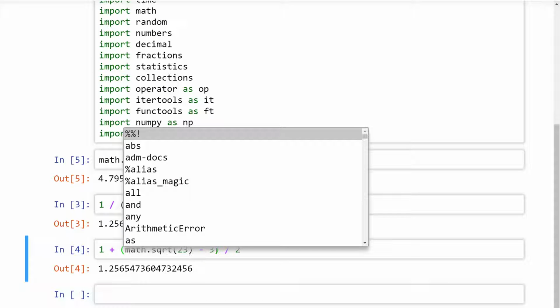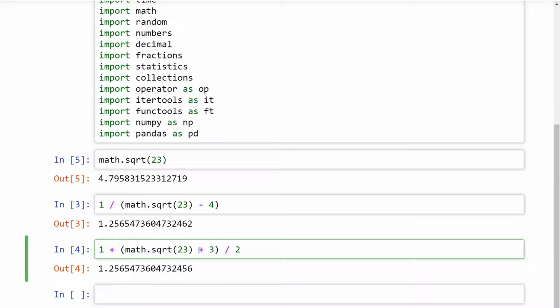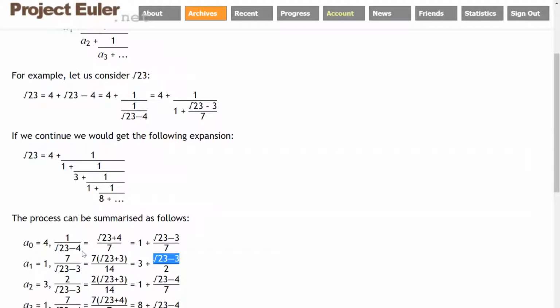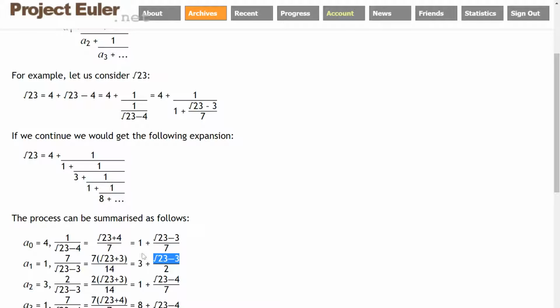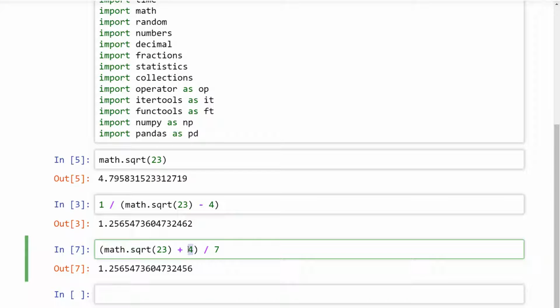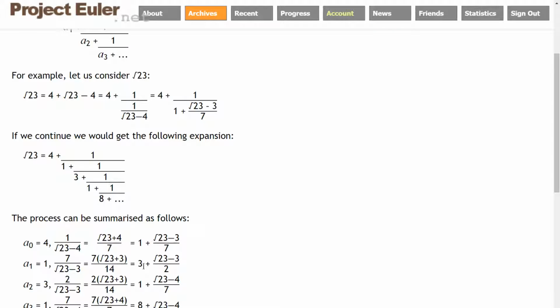No, plus. No, I think I understood. So here we have 23 plus 4 over 7. Okay, and here we have 23 plus 3 over 2. So we should be pulling 3 out. Okay, fine.